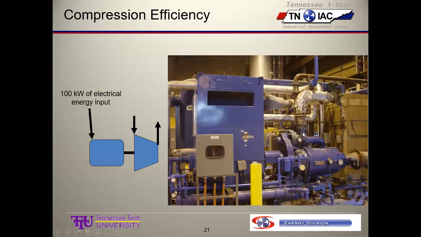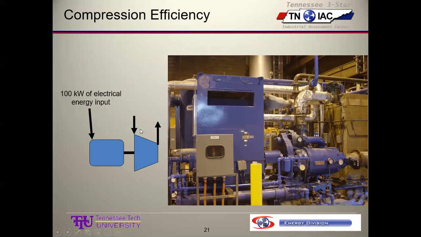Okay, this is a picture of a good size industrial air compressor. And we're going to just look at some of the power flows through this thing. So we've got kind of a generic picture of this guy over here. And so we're going to put 100 kW of electric energy input in. We'll get some shaft. This is the motor. This is the compressor.